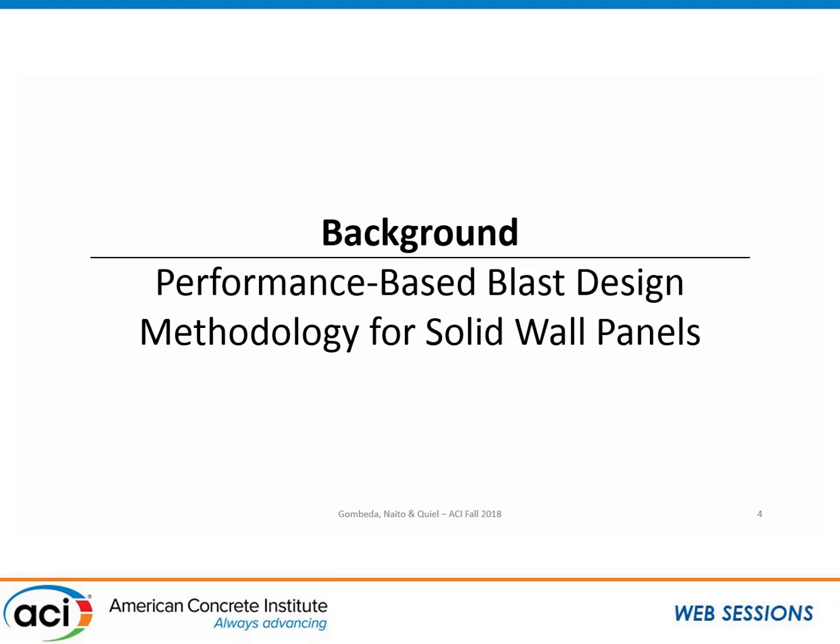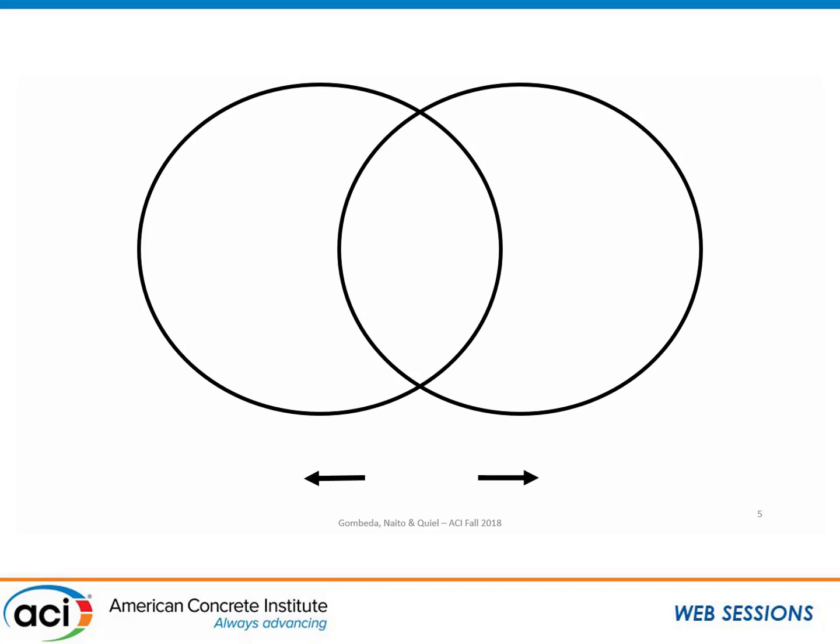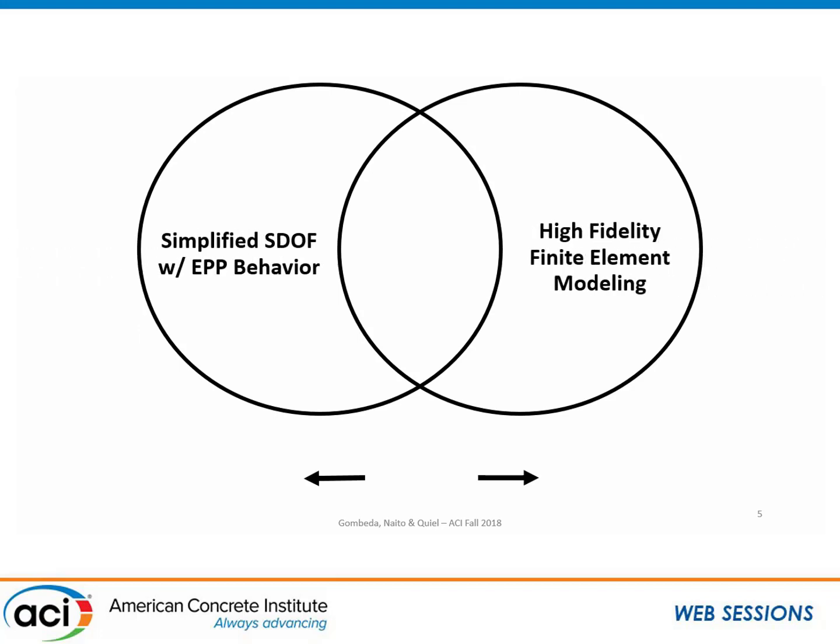The first thing that I want to go over is the background of the work that we did on the solid panels. If you imagine this pretty simple Venn diagram here, there are two extrema for blast resistant design of solid wall panels. You can do something very simple like SBEDs, where you have idealized material properties and very simplified definitions of how you assign all these resistance criteria in the modeling approach.